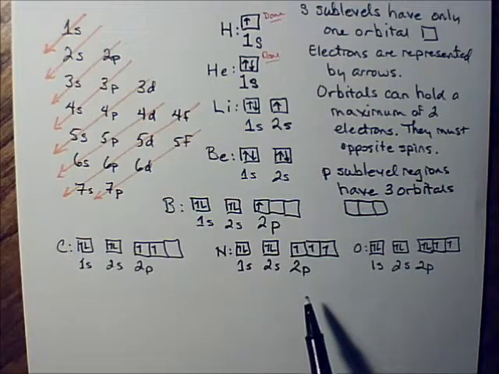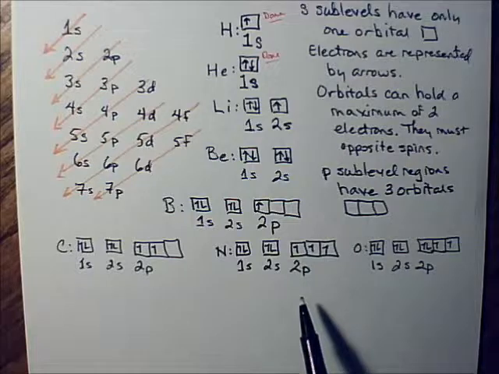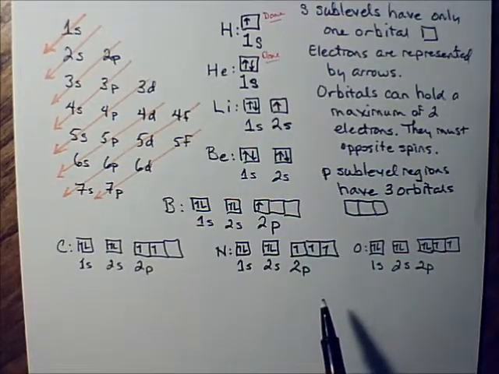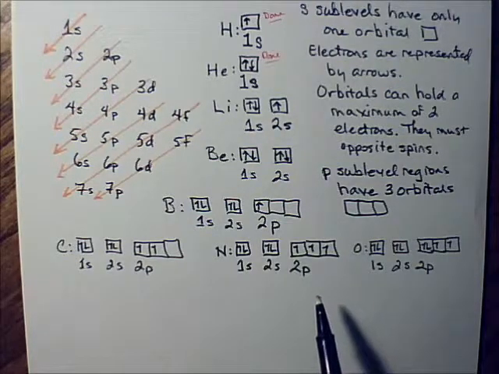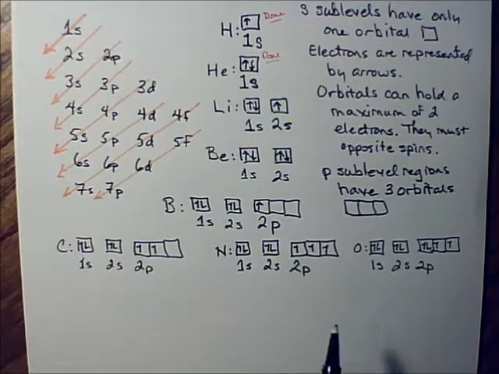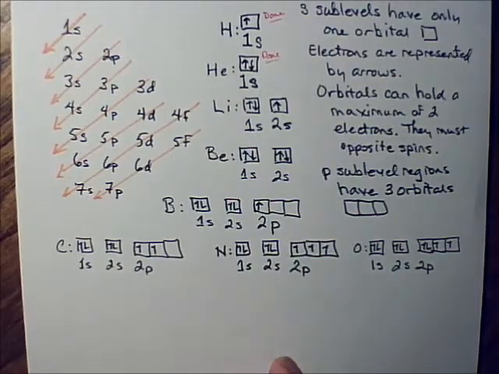This is how you can predict the order fairly easily. We'll get to that when I get to 3s. I was going to show you then, but that's fine. Okay? How's this going to help you? You need to know the electron structure. The state of South Carolina says you're supposed to know the electron structure of an atom. But it also helps you when we're trying to figure out why atoms bond the way they bond.